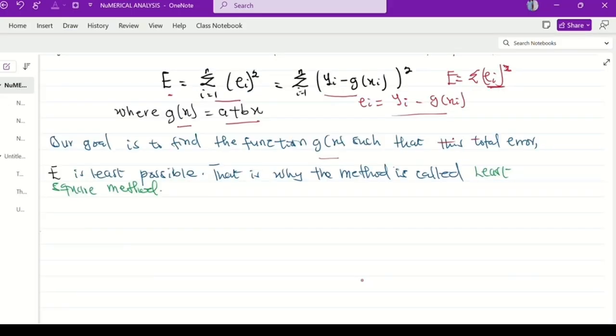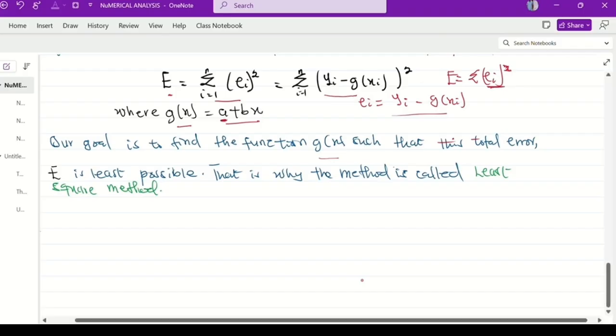So in summary, the least squares method helps us to find a function that best fits a given set of data points by minimizing the total squared error. Hope you get it. In our next video, we will go step by step to derive the constants a and b in g of x here.